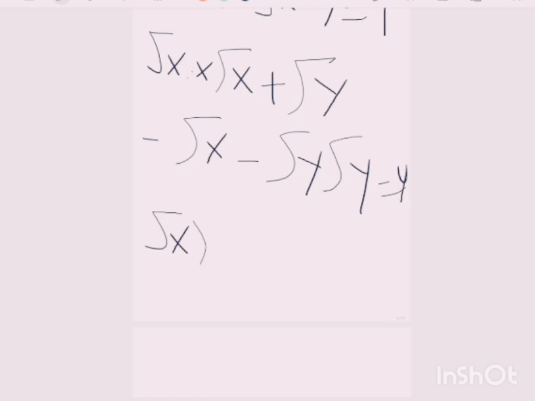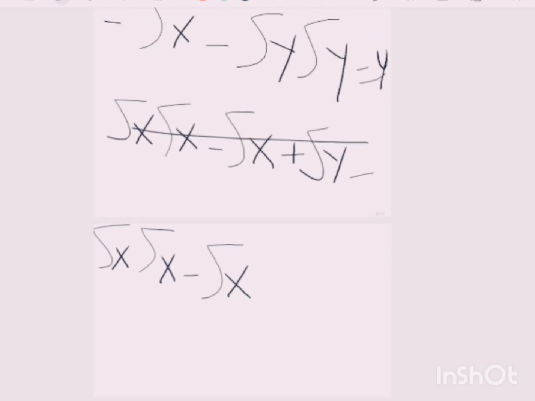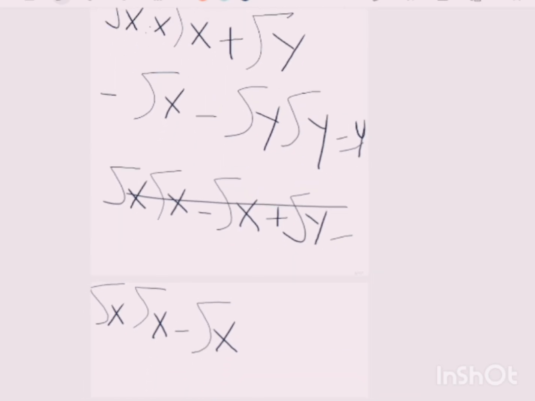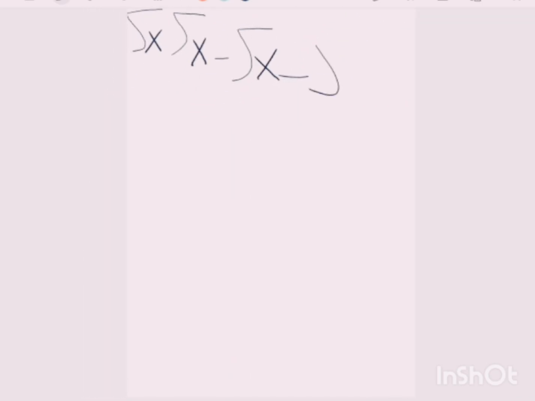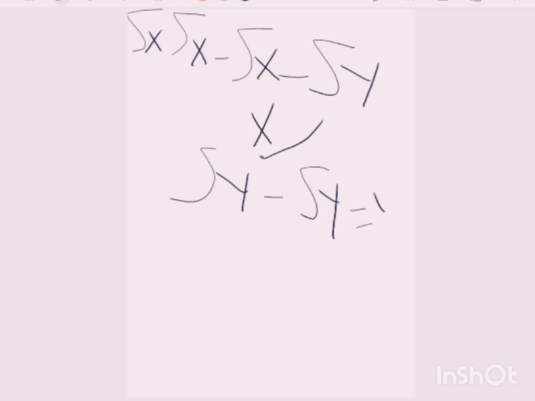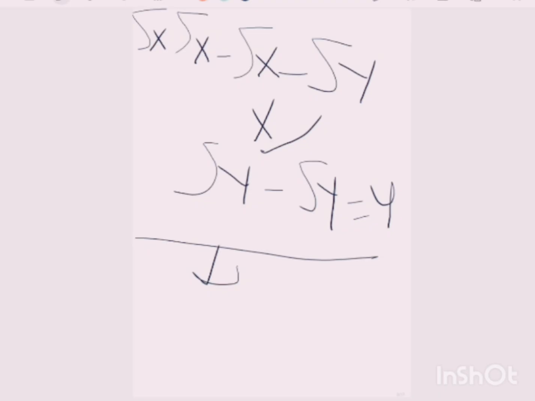This will be root x multiplied by root x minus root x, plus root y, minus root y multiplied by root y minus root y, which equals 4.